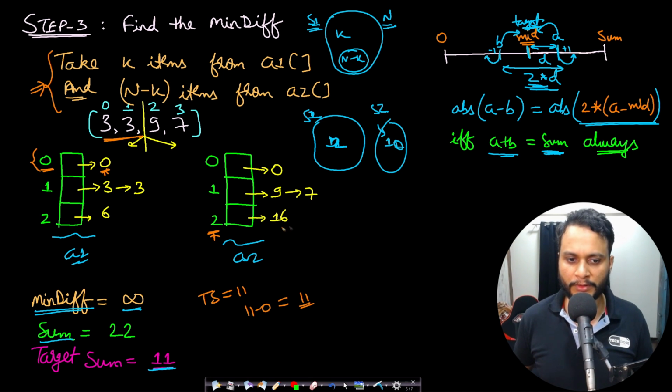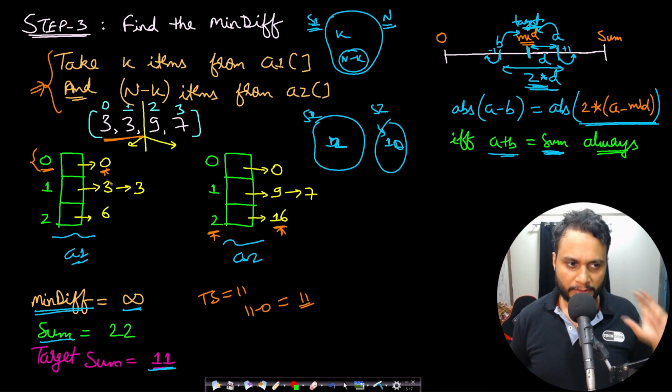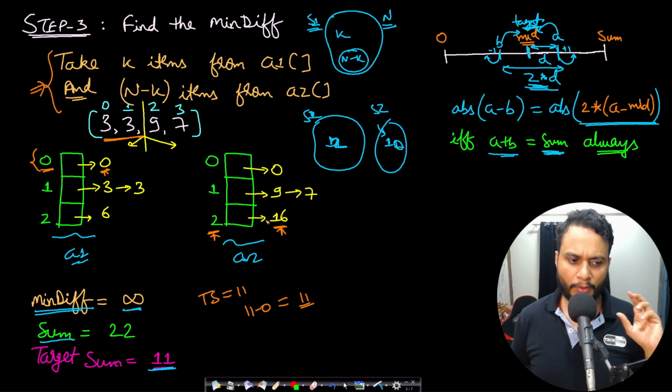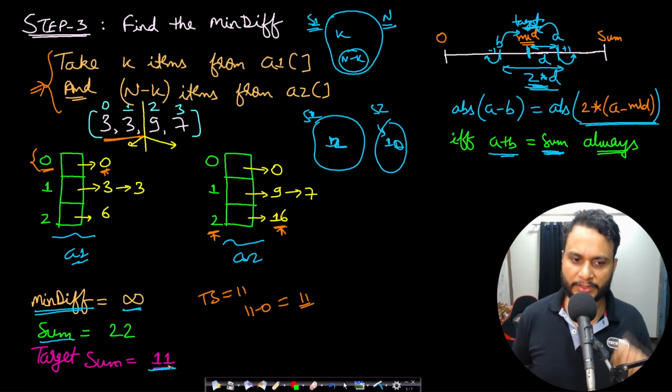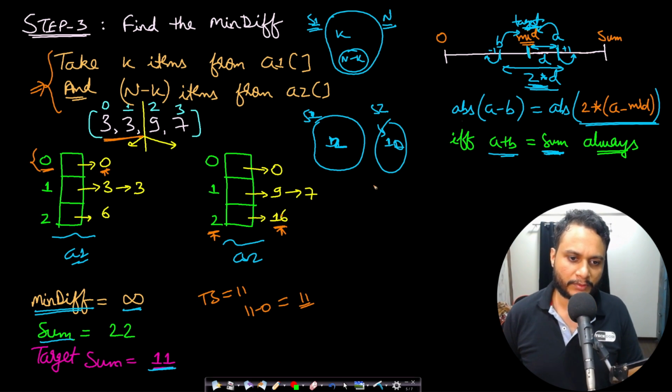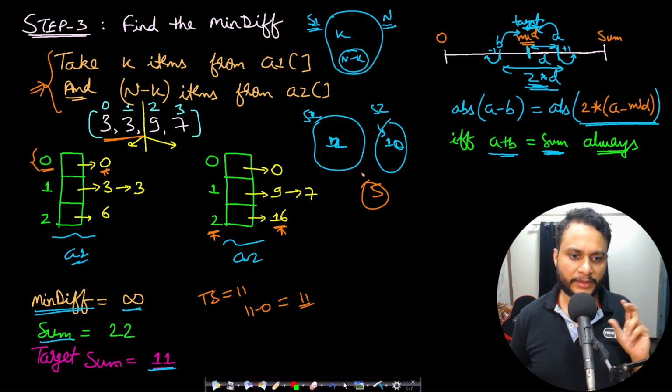Whatever number of items I have here, I have to try with only those options. So I just have 16 in this case, and therefore the total sum is 0 plus 16, right? And what was our target sum? Our target sum was equal to 11. So how close am I to 11? My difference between the 16 value and 11 value is equal to 5, right? So what will be the difference between the two set sums?